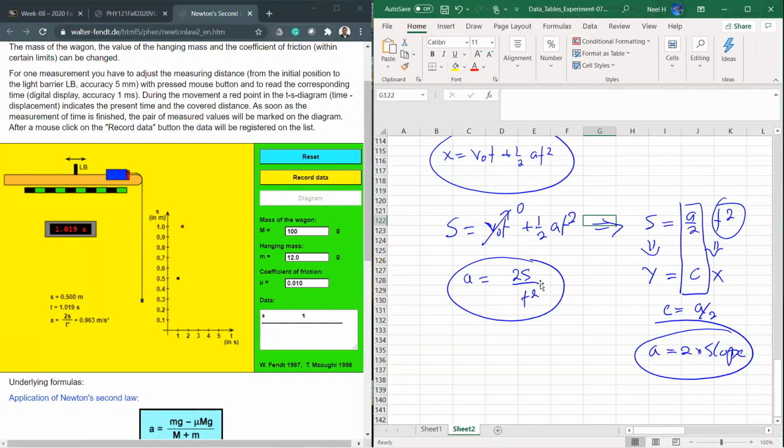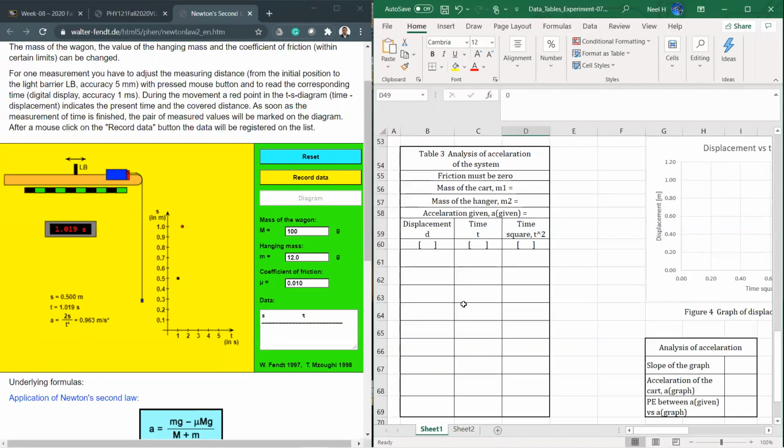That part is nothing to do with Newton's second law. So what we need is to go back and reset the simulator. Hanger mass actually doesn't matter. You can leave it at 2 because we're going back to 0 friction. Make sure it's 0 friction. Mass of the cart doesn't matter, this is only for reference purposes, 0.100 kilogram.